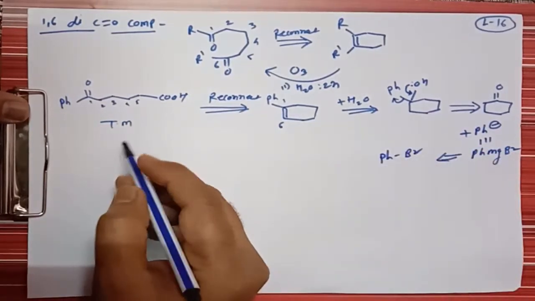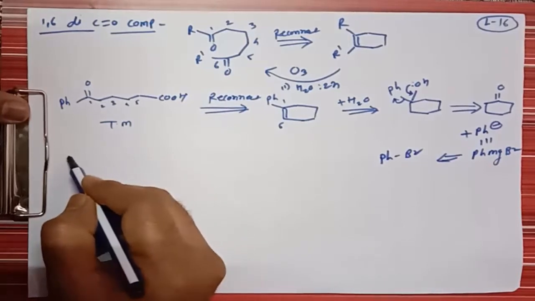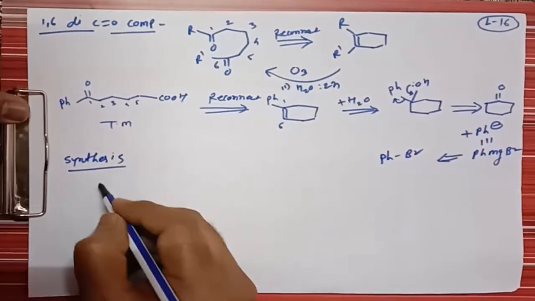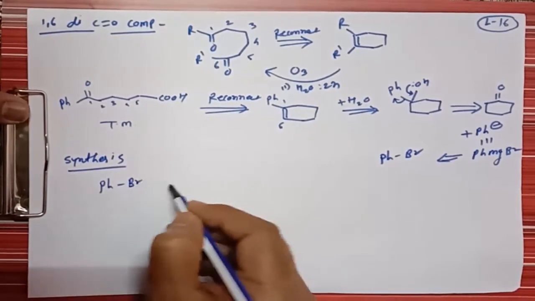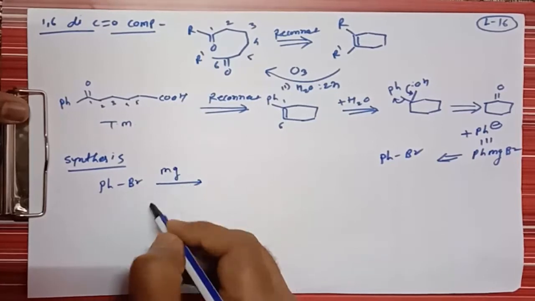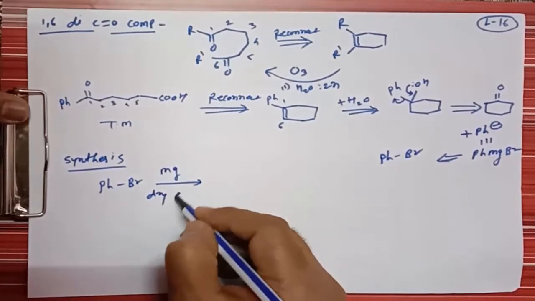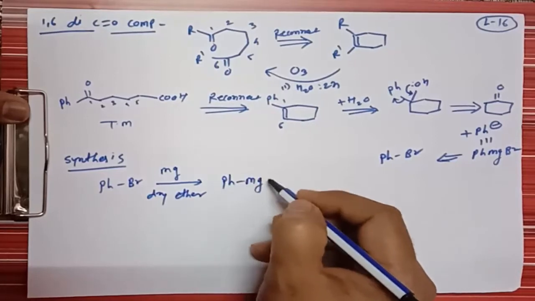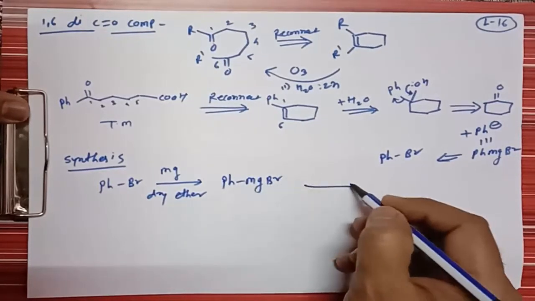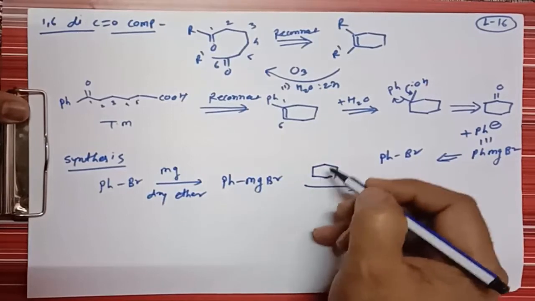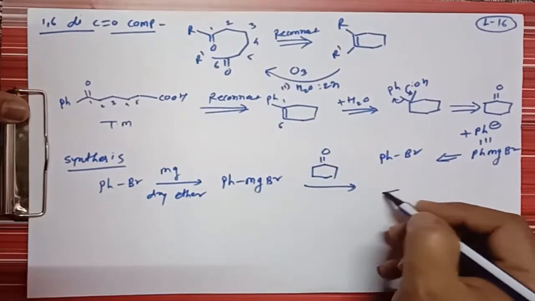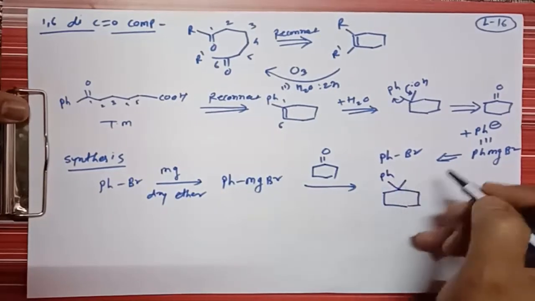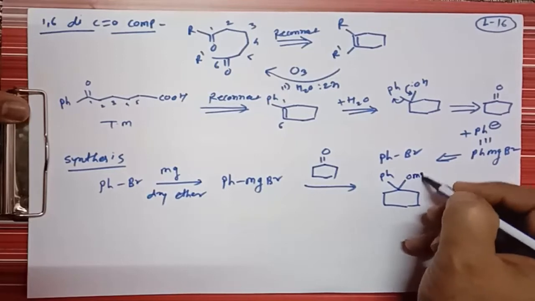So in the synthesis, what do we do here? We take phenyl bromide and treat it with magnesium in presence of dry ether. It gives phenyl magnesium bromide. We treat this with cyclohexanone, and it gives the OMgBr compound, right?